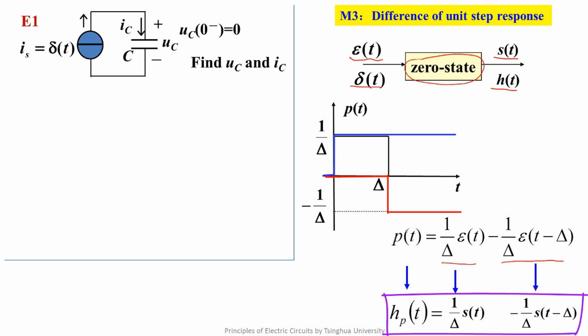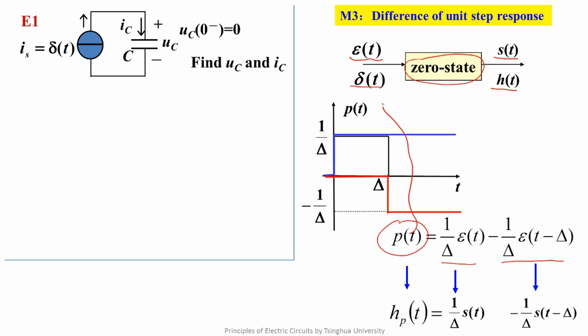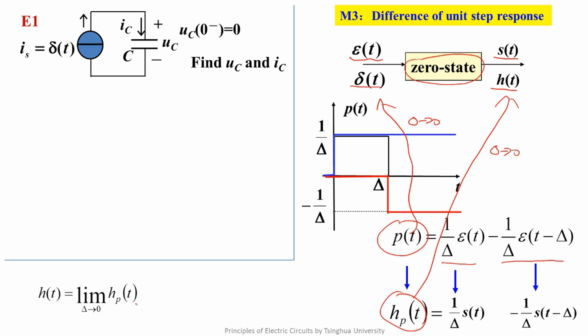We've known the limit of the unit pulse function when delta tends to 0 is the unit impulse function delta(t). Obviously, the limit of hp(t) when delta tends to 0 is the unit impulse response. So we get this conclusion by substituting this expression into it.